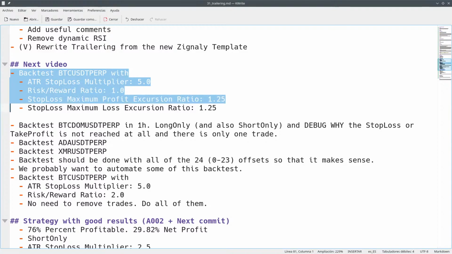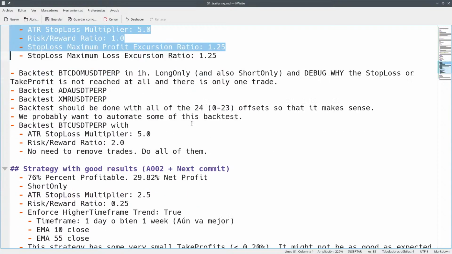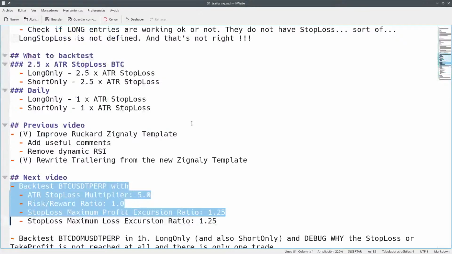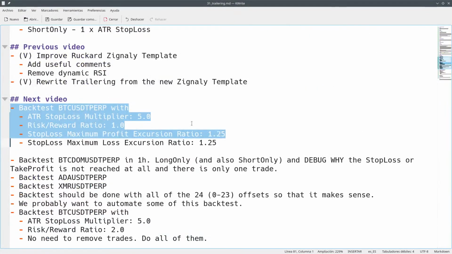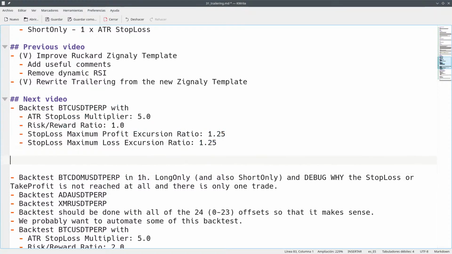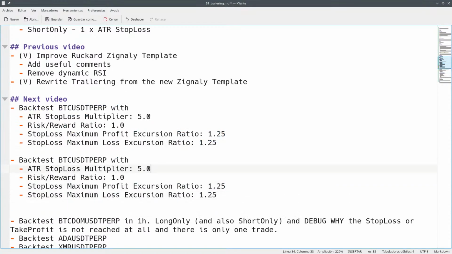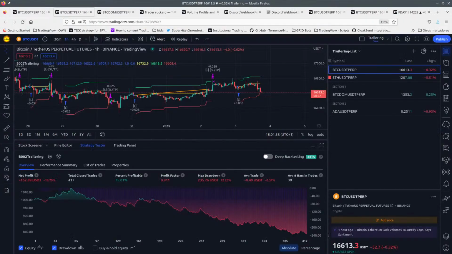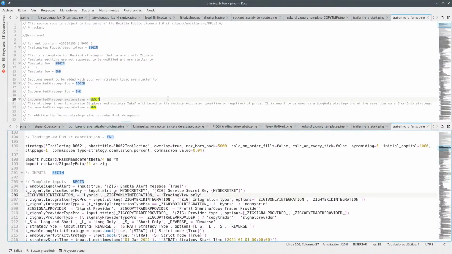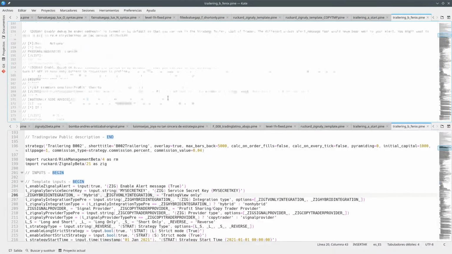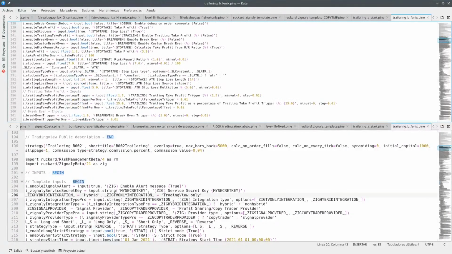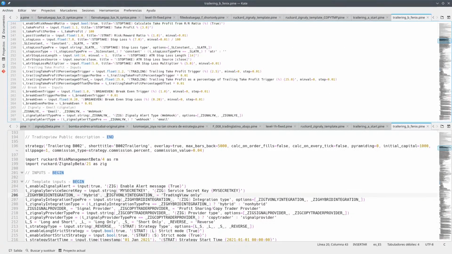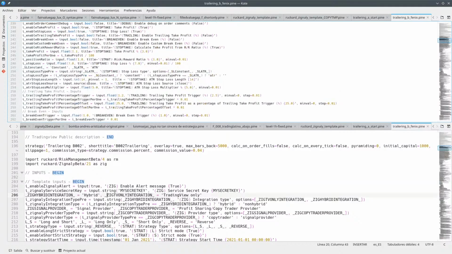Yeah, so the backtest that we want to do is this one, which is ratio 0.38. So I'm going to modify the script so that it has 0.38, so that we don't have to modify this again and again.